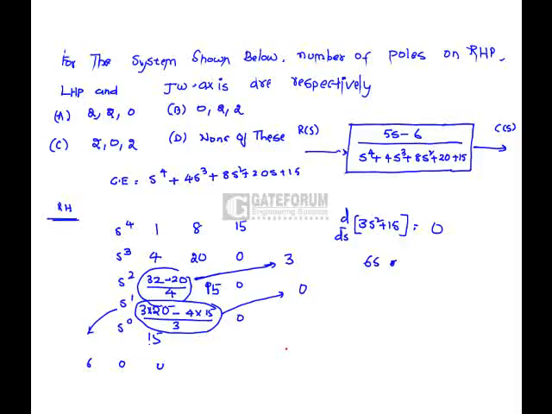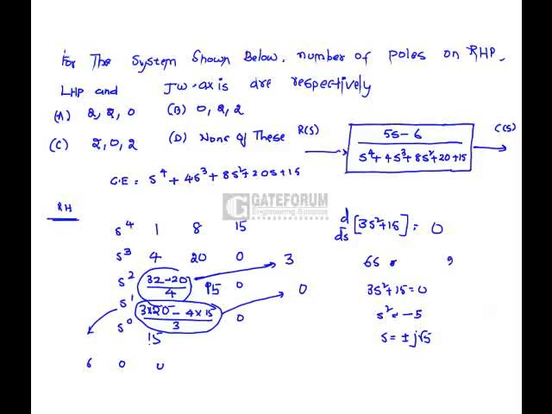All are positive signs, no sign changes, which means there are no poles on the right half of the s plane, but there are poles from 3s square plus 15 equal to 0. So s square is equal to minus 5, s is plus or minus j root 5, which means there are 2 poles on the j omega axis.